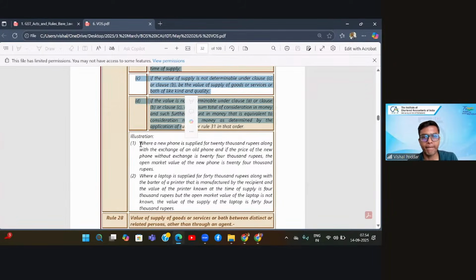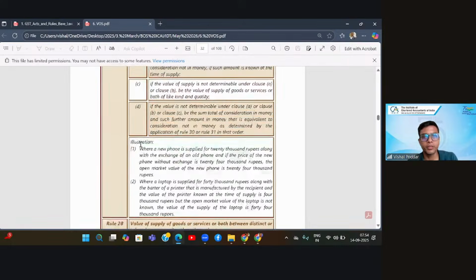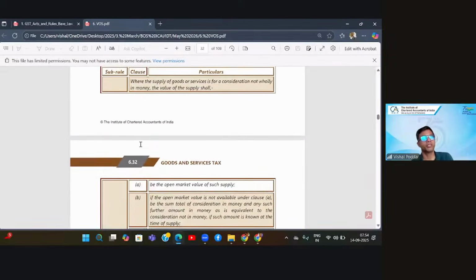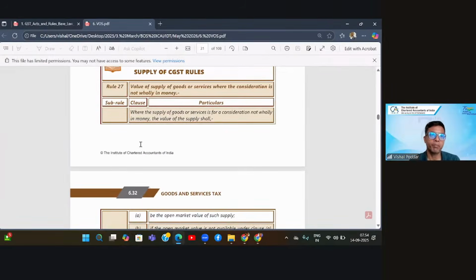Okay. Now, please understand when Rule 27 applies. It will apply mainly in case of breach of the third condition. That is where, besides the price which is shown on the invoice, I am also getting something which is not shown in invoice. And generally the possibility is that it is in some other fashion that is not in monetary form.